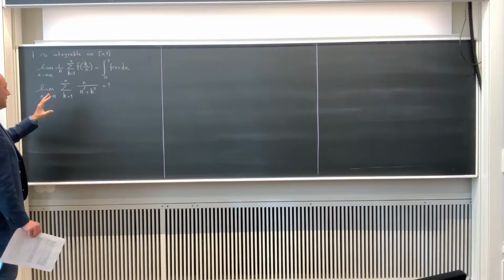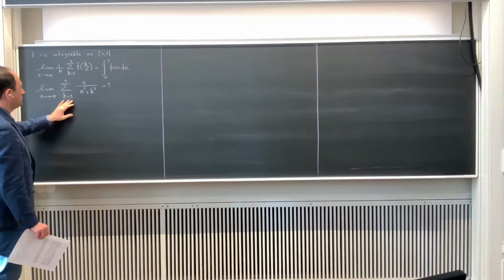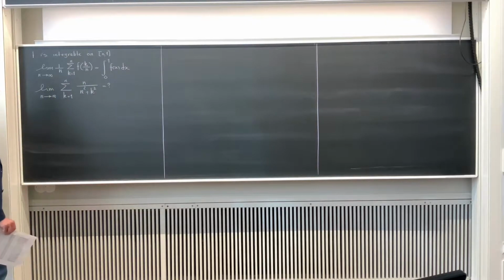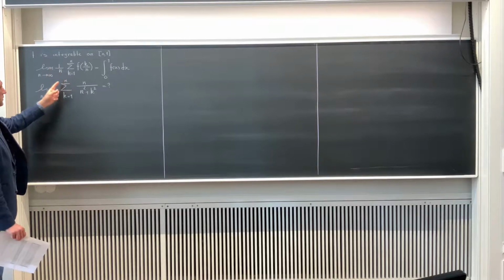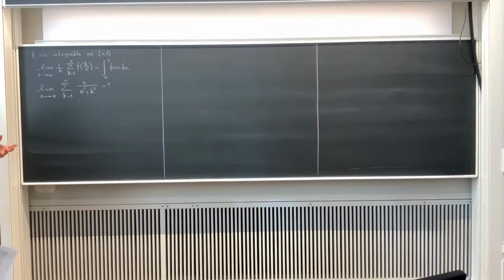Can you tell me how I can engineer this sum so that it looks exactly like this sum? One point that you have to be careful about is this factor of 1 over n, which is missing here. So this in itself is an indication to make 1 over n appear here, okay?